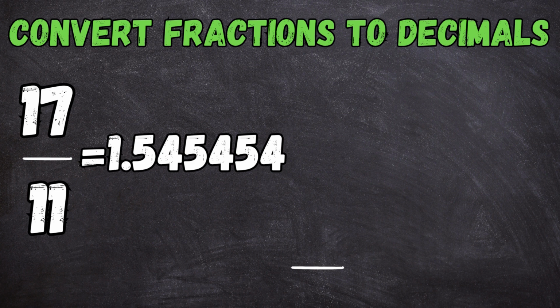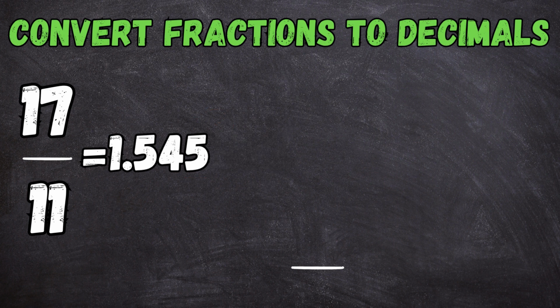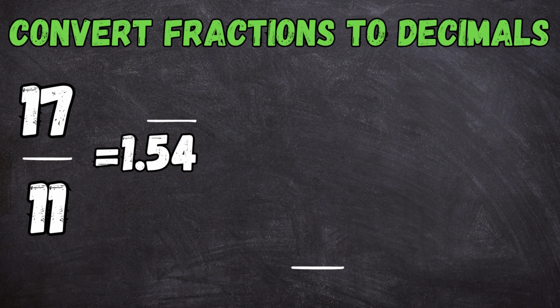So the decimal version of 17 divided by 11 is 1.5454545... And since those two digits, 5 and 4, keep repeating, we can use bar notation to show it. 1.54 with a bar over the 5 and 4 to show they go on forever. This is just like we saw earlier with 1 over 3, where only the number 3 was repeated, but this time 2 digits repeat. That's your final answer.